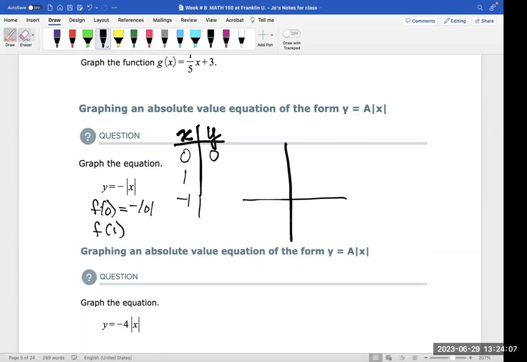F of 1 would be the absolute value of 1, and then change the sign. f of -1 is the same thing as the absolute value of -1, and then change the sign. 0, 0, 1, -1, -1, -1, and I know it's a V, so I know it goes off like that.